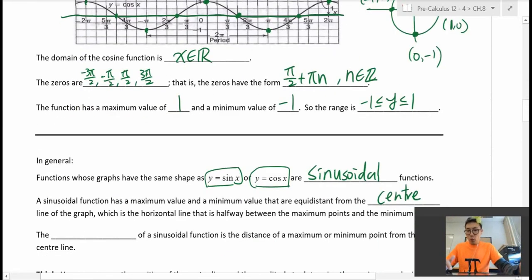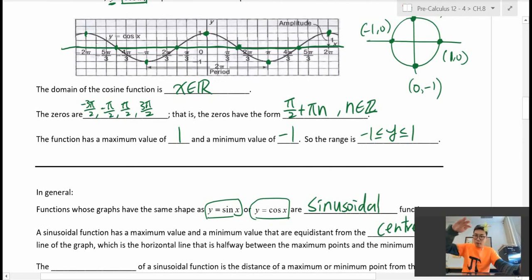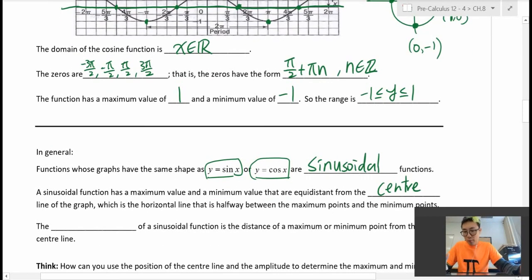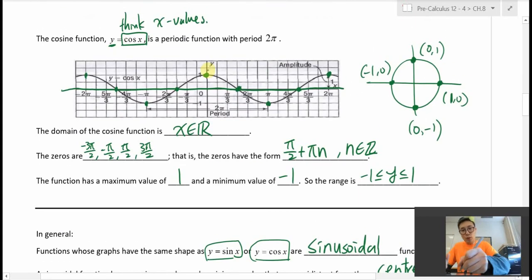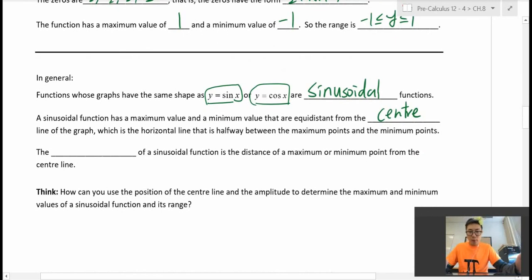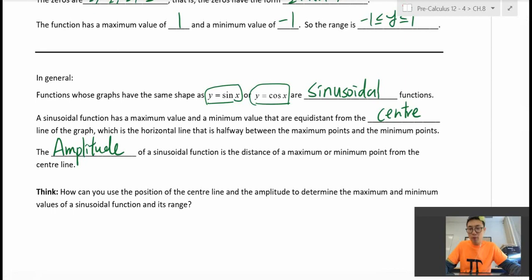Again, there's a center line that is right in the middle of the graph, which is a horizontal line that is halfway between the maximum point and the minimum point. So halfway between max and minimum, you have your center line right there. And the amplitude of a sinusoidal function is the distance of a maximum or minimum point from the center line.